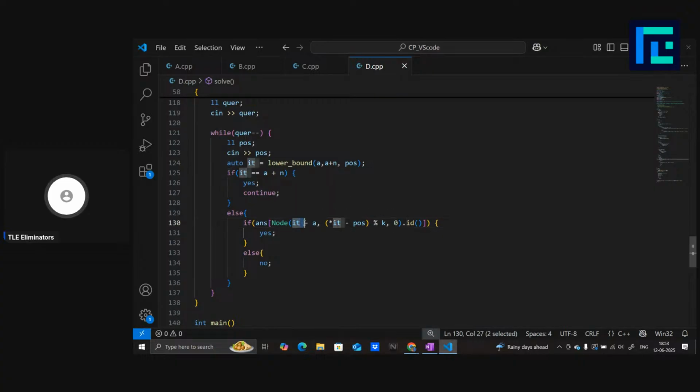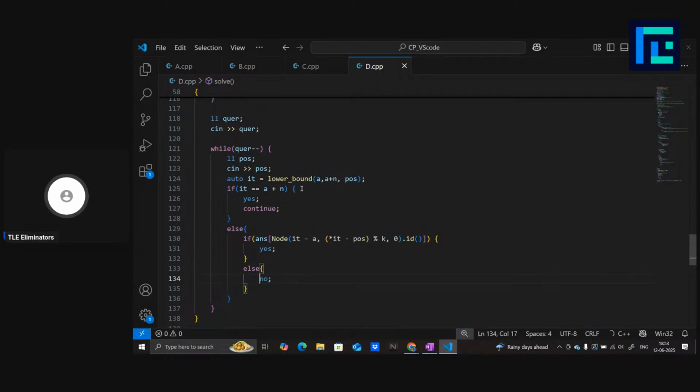It minus a is the index of that, since the iterator returns an iterator and to get the index I do it minus a. So the answer of index comma distance mod k comma 0, because we are in the positive direction. If that answer is true, then I'll print yes. Otherwise, I'll print no.